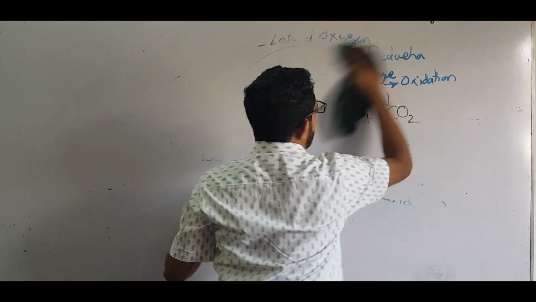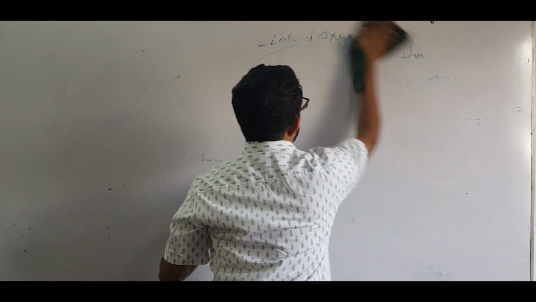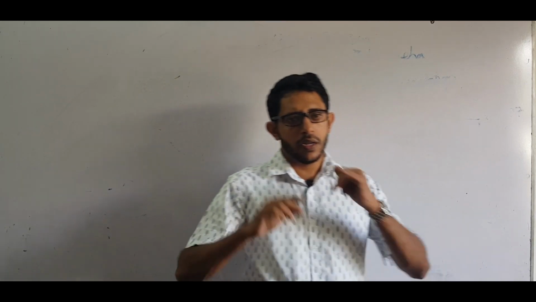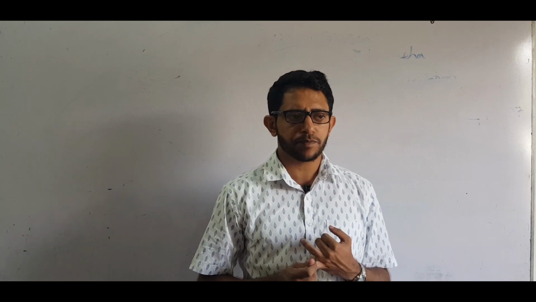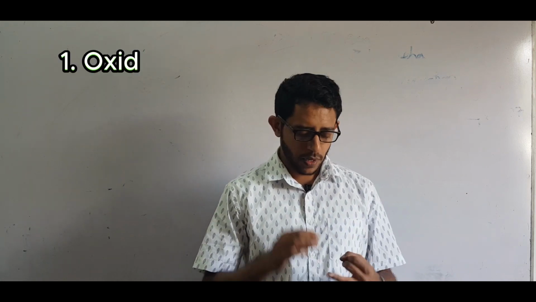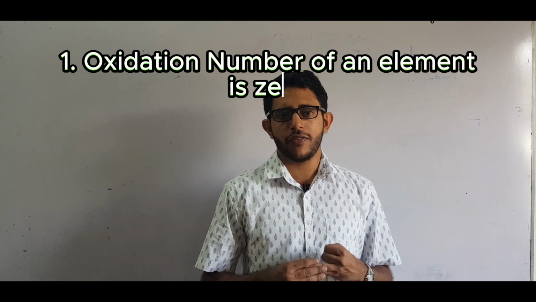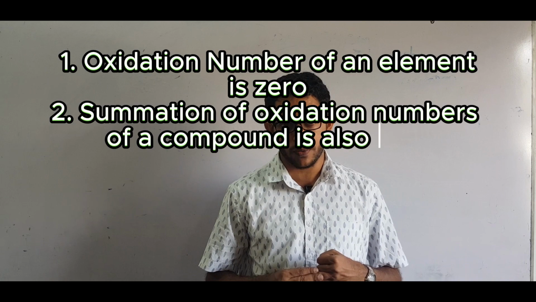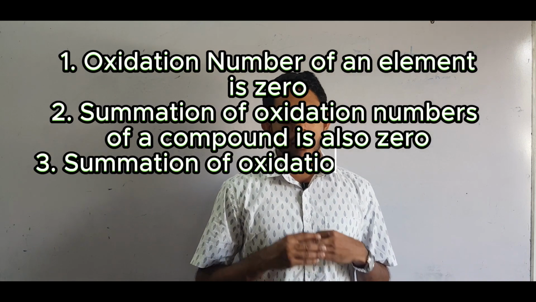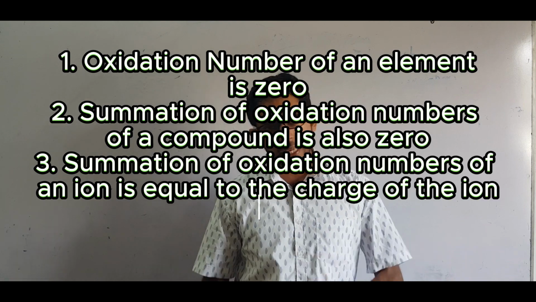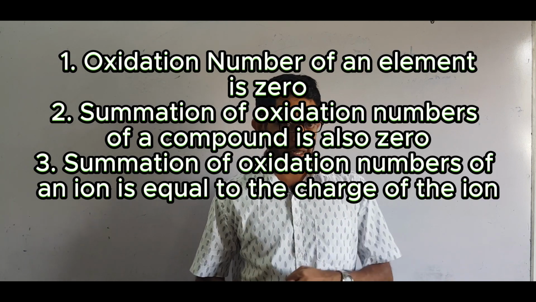So, to find the oxidation numbers, there are a few basic rules. I will tell them one by one. The first thing is the oxidation number of an element is 0. Second, the summation of oxidation numbers of a compound is also equal to 0. Third, the summation of oxidation numbers of an ion is equal to the charge of the ion.